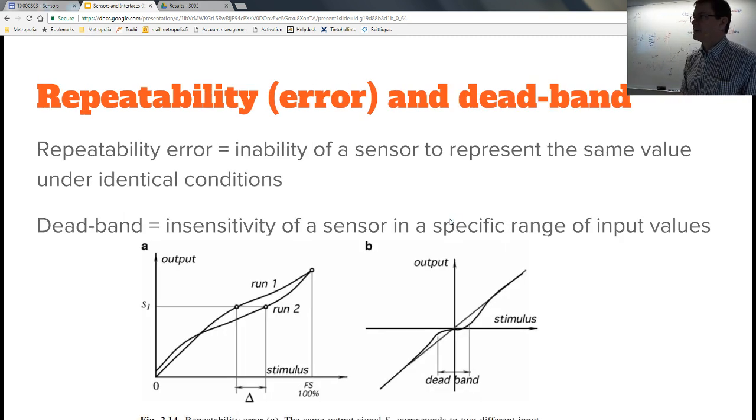Repeatability, deadband. Okay. The repeatability is part of the hysteresis kind of thing. So when you go measuring the same characteristics on different routes, you will get a different value. The deadband is quite normal for multi-sensor systems.